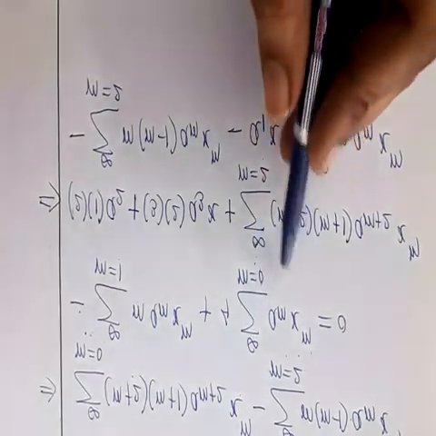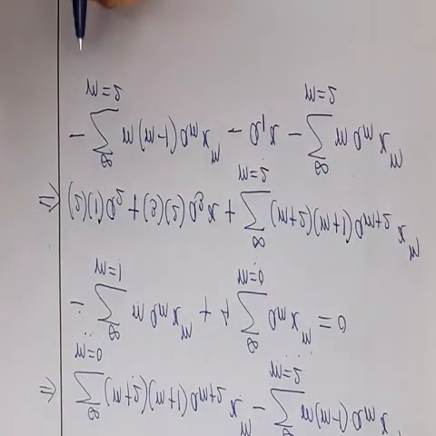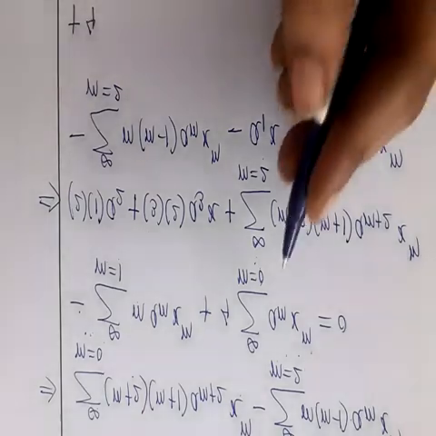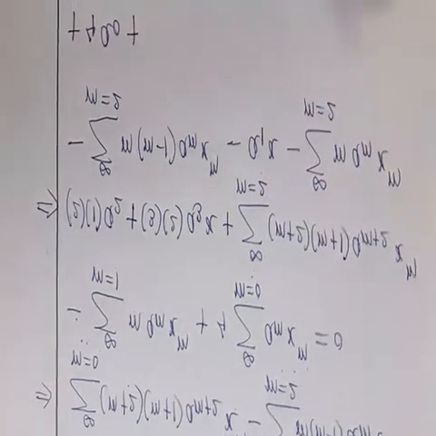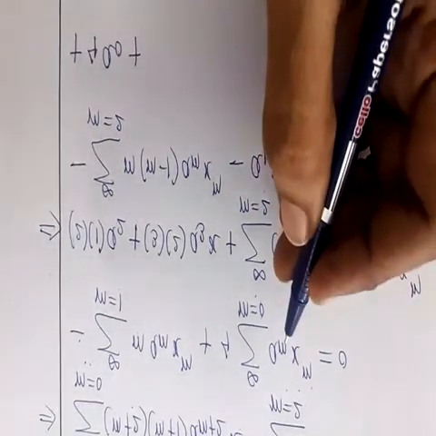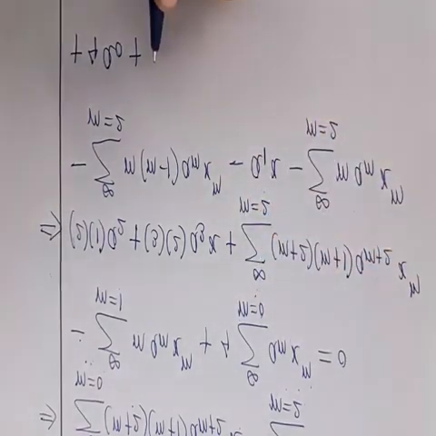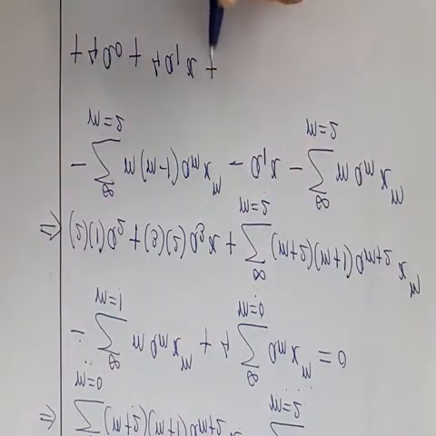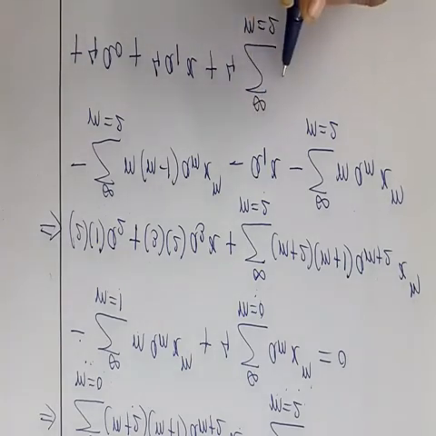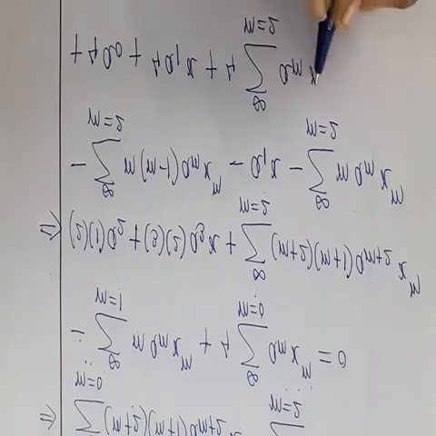Again we convert 0 to infinity into 2 to infinity. So it becomes plus 4 times: put m equals 0, giving a_0 with x to the power 0 which is 1, plus m equals 1, giving a_1 x to the power 1, which is x, plus 4 times summation from m equals 2 to infinity of a_m x^m, equal to 0.